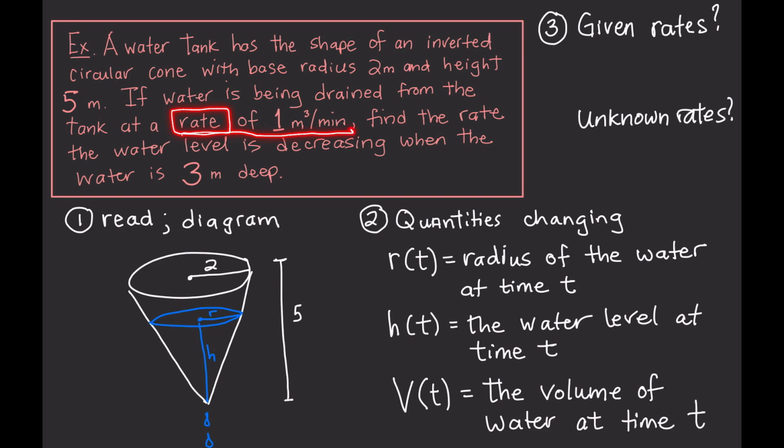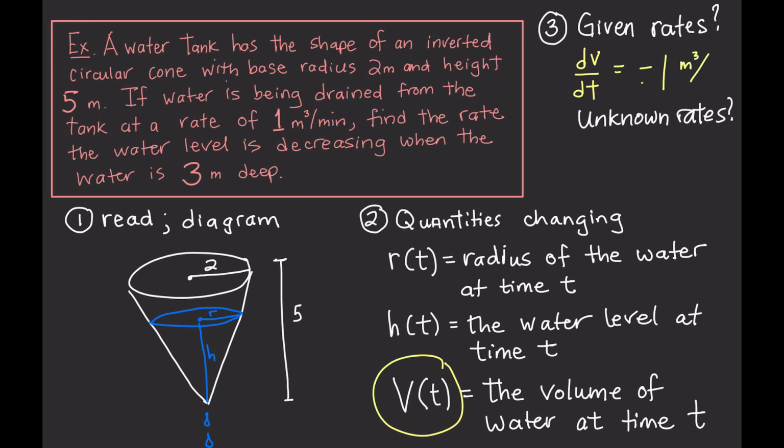And so the water is being drained. So that's a change in volume. Okay, so in this case, I'm going to write, and here's our volume, dV dt is equal to negative 1 cubic meter per minute.